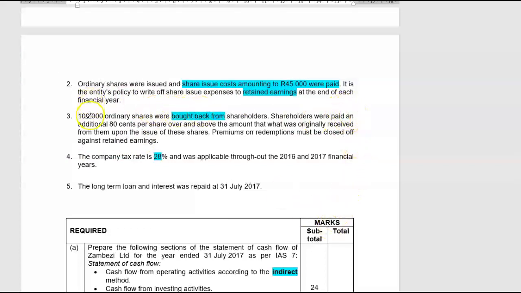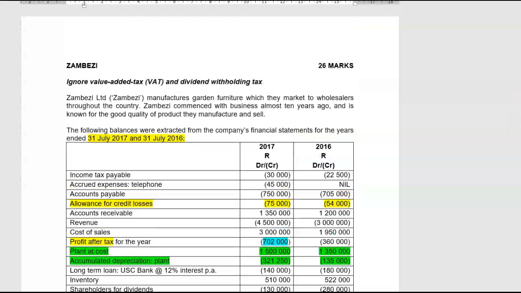Shareholders were paid an additional 80 cents per share over and above the amount that they originally invested. So that means there was a premium on the buyback of 100,000 times 80 cents, which is 80,000 Rand. And they did not have to tell you that premiums on redemptions need to be played off against retained earnings. You should know that.